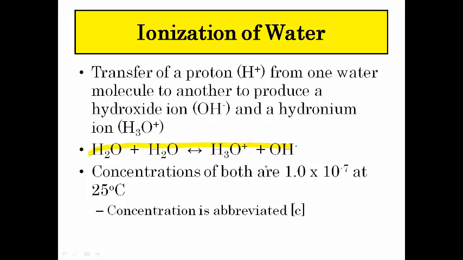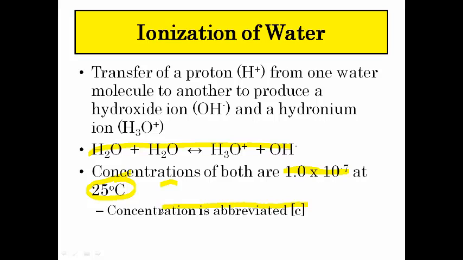Basically what happens is the concentrations of both of those ions, of course we have a neutral concentration. You have a concentration of 1 times 10 to the negative 7th molarity at room temperature, which is 25 degrees Celsius.